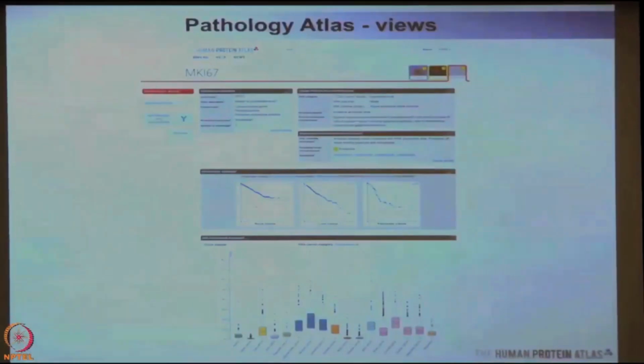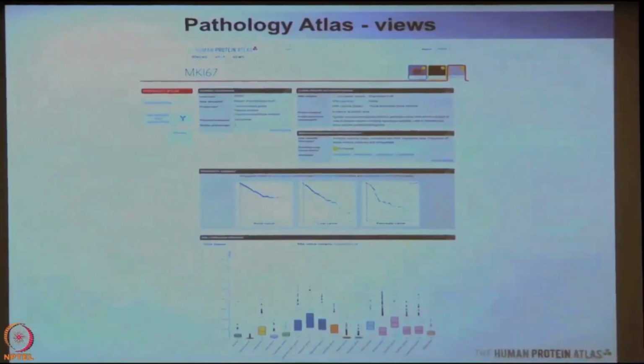The pathology atlas contains about 900,000 Kaplan-Meier curves, patient survival curves for all of these 17 cancer types and all genes where you have a highly significant difference in survival if you have high or low expression, with the median as cutoff. So these are shown for all genes.